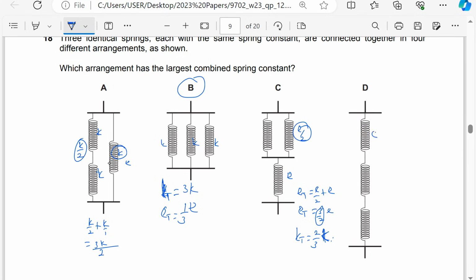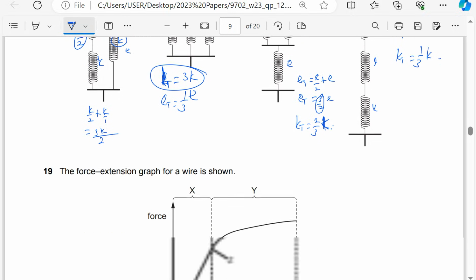Then this one is E plus E plus E, so total extension is going to be 3E. That means the total spring constant is going to be the reciprocal, which is 1 over 3 times K. So the greatest constant is this one here. So the answer is B.